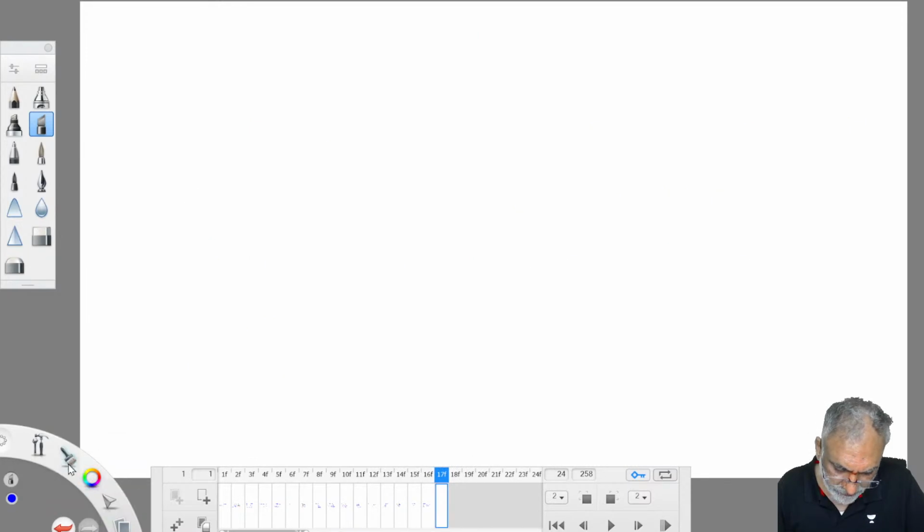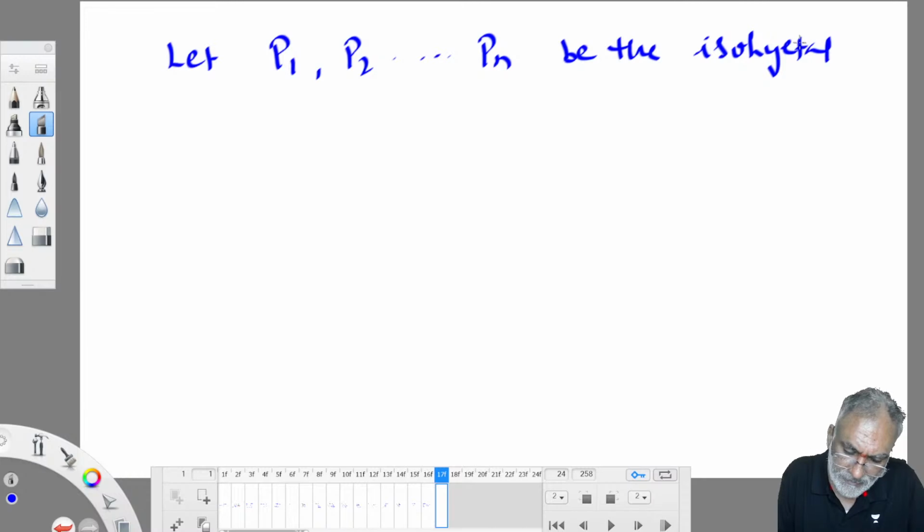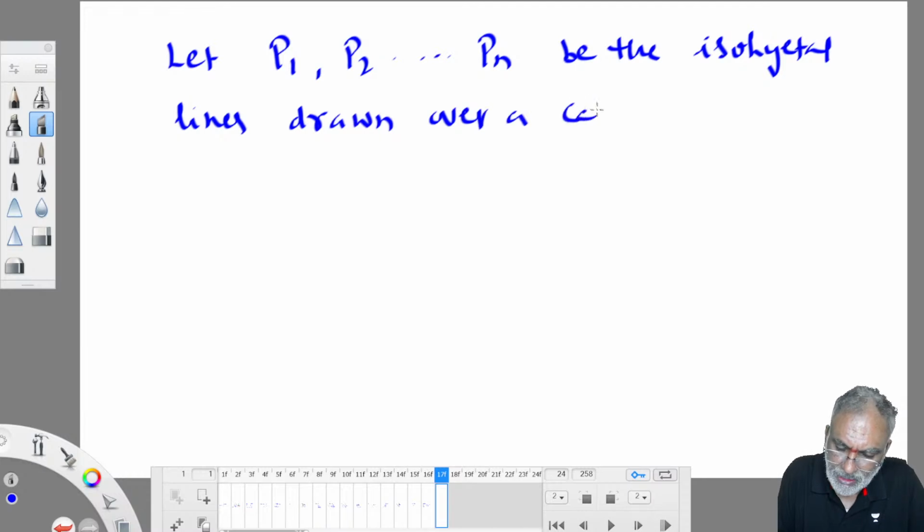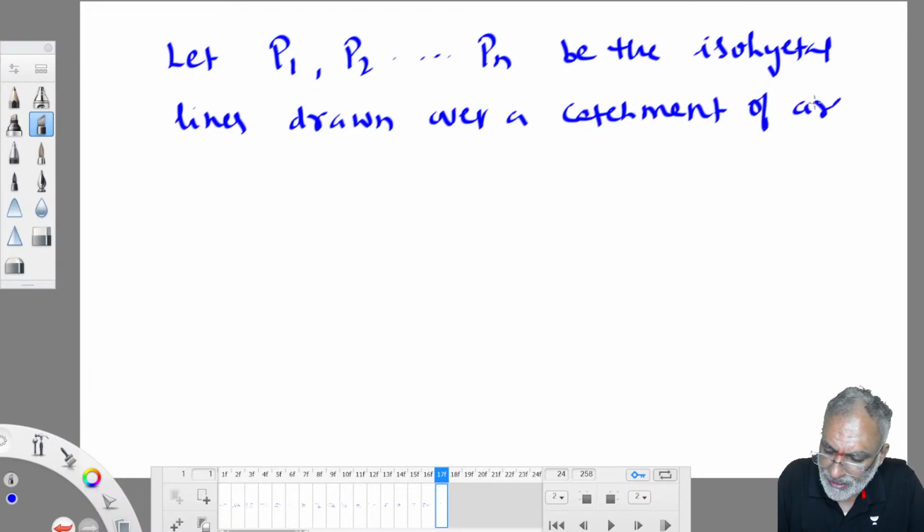Let P1, P2 and so on be the isohyetal values drawn over a catchment of area A, in kilometer square or any unit. Drawing isohyetal lines is not that easy, but in the exam you are not expected to do that. Somebody will draw for you. Your job is to use them and work out the mean precipitation.